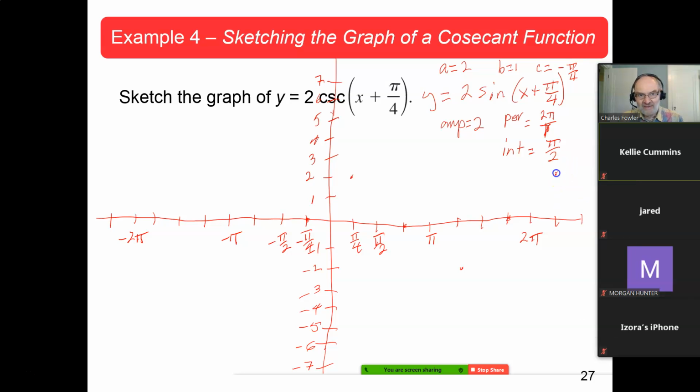Okay, going on the other side, we'll go one interval over, which is 2 spaces here. That will be your minimum, your 0, your maximum, and then another 0. Okay, you don't really have to draw it, but we will. Here is the sine function.